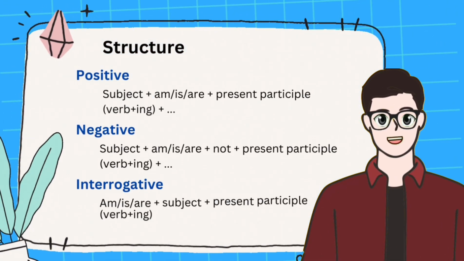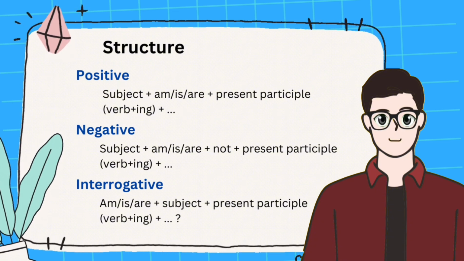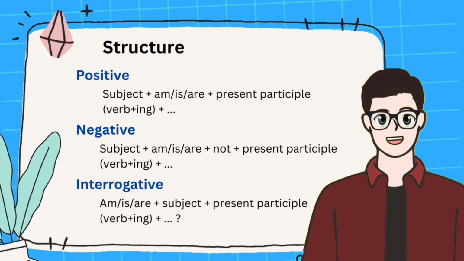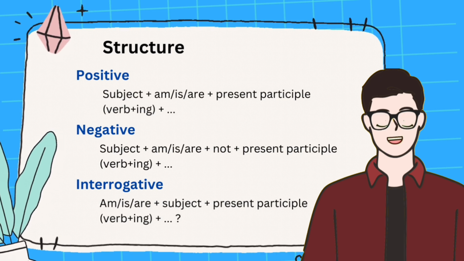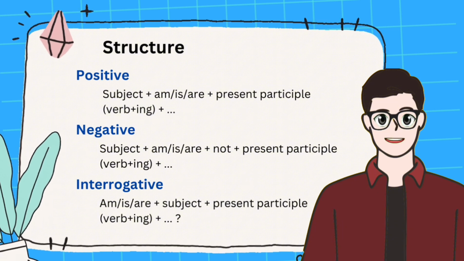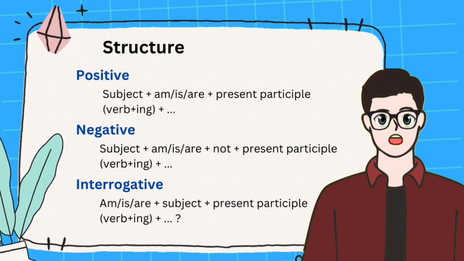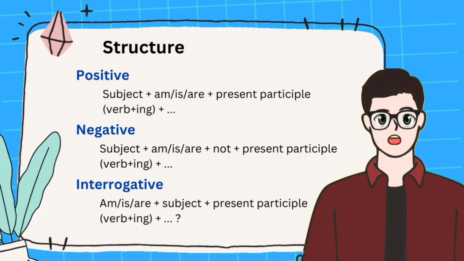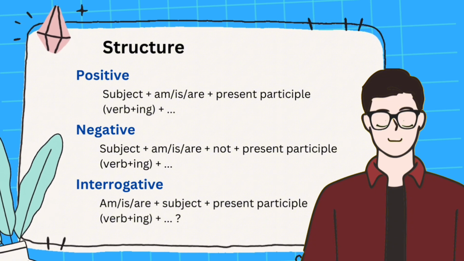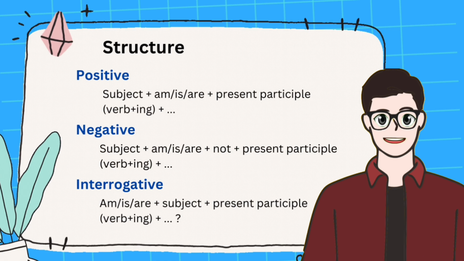And now, the structure of the present continuous tense. For the positive or affirmative sentence, we use subject, to be, present participle, and the rest of the sentence. For the negative, to make the present continuous tense negative, we add not between the verb to be and the main verb.